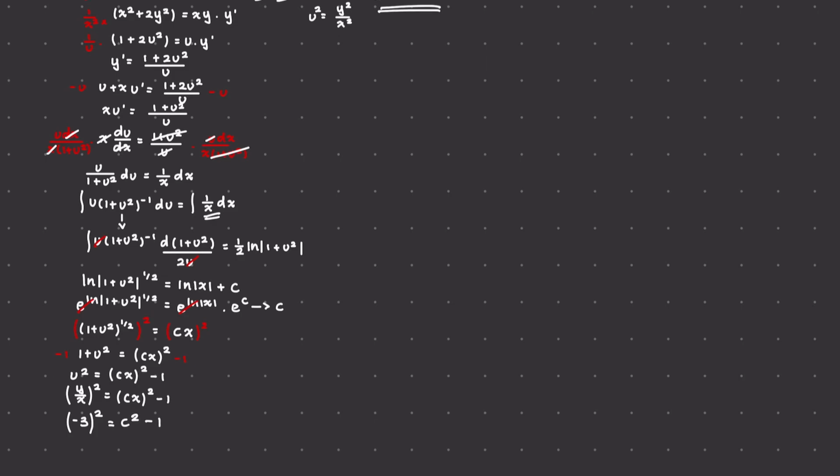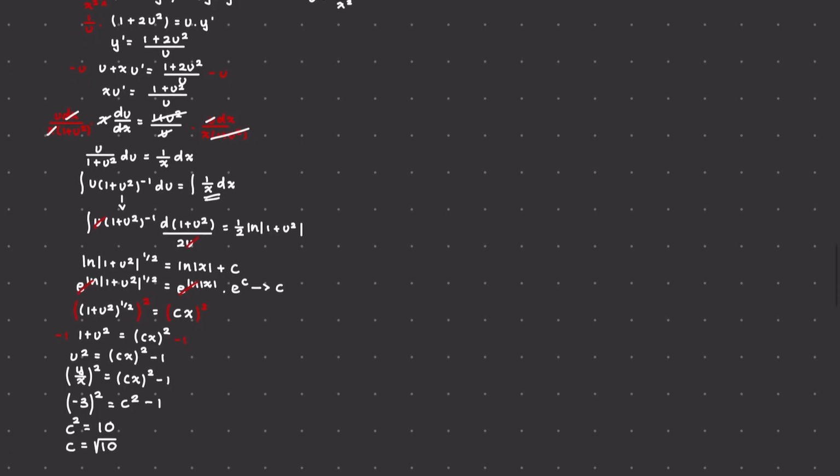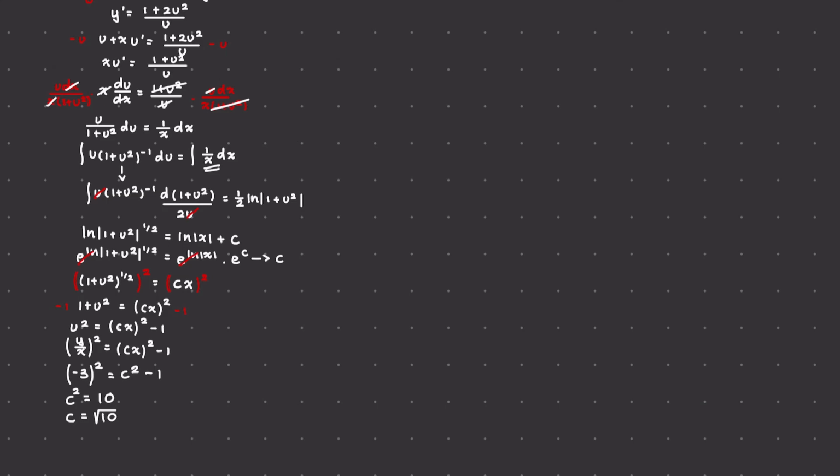And so negative 3 squared is 9, and c squared will equal 10. And c will just equal the square root of 10. And after getting a c here, it's pretty simple because you will just need to substitute the c here with the value that we've got just now.